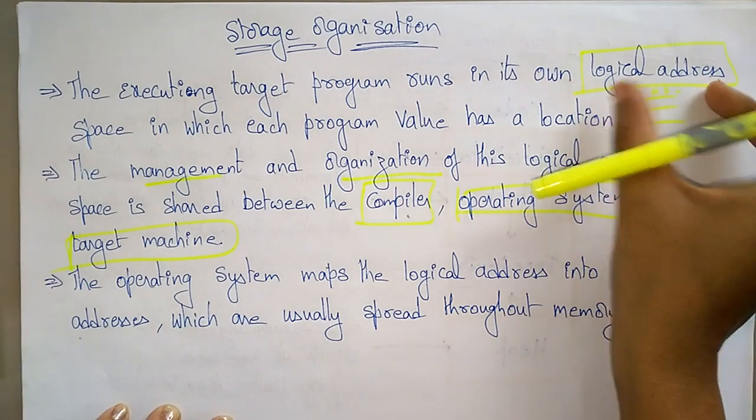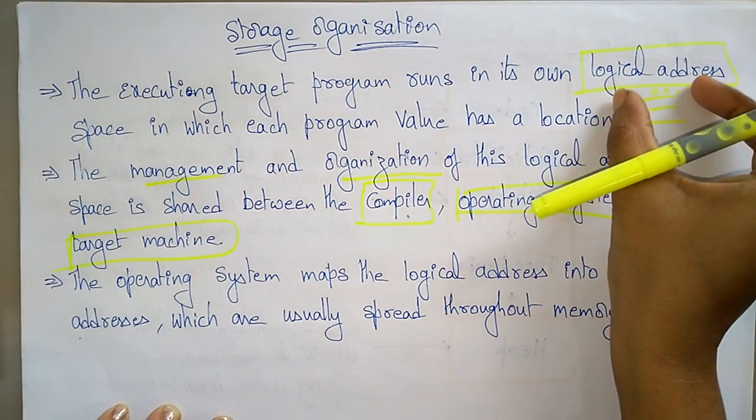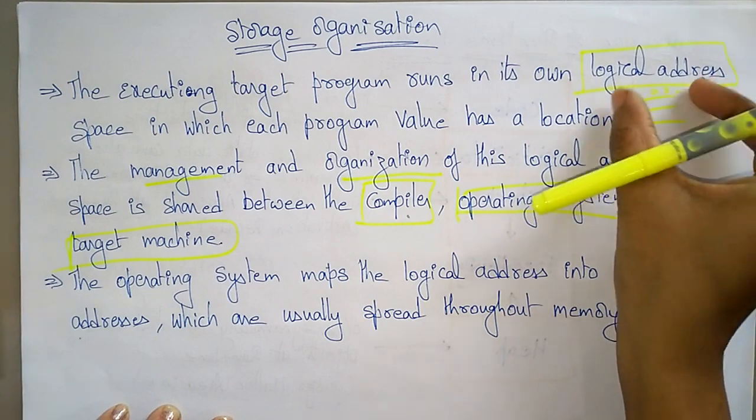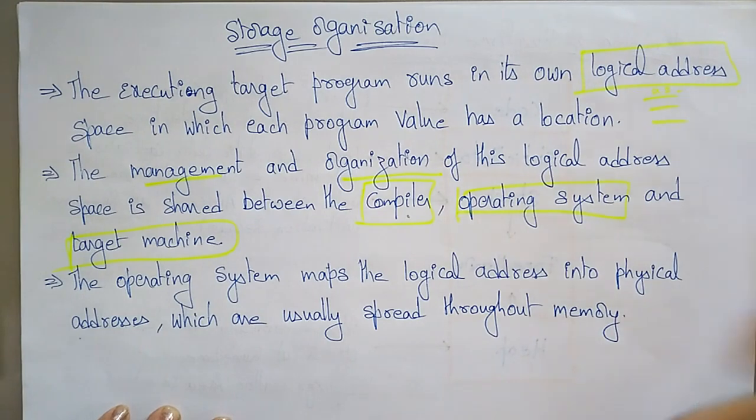This logical address space holds the values stored in particular locations, which are used to run the program. The operating system maps the logical address into physical addresses, which are usually spread throughout the memory.